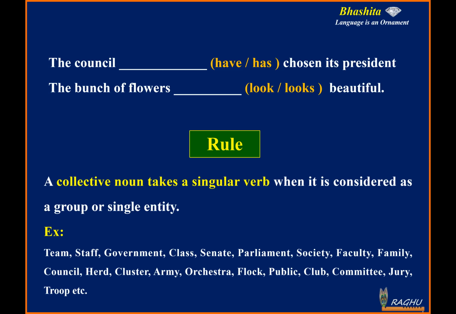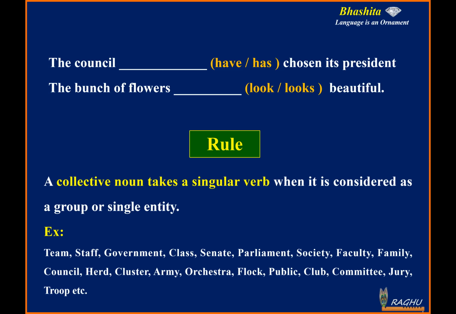According to the rule, if you come across these collective nouns in the subject place in a sentence, and that collective noun is treated as a single group or a single entity, then it has to be considered singular. It has to take a singular verb rather than a plural verb.